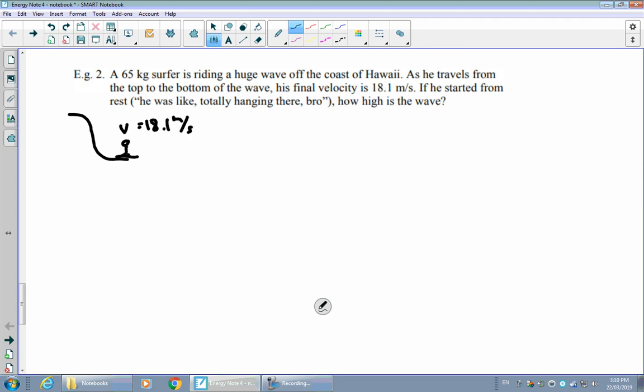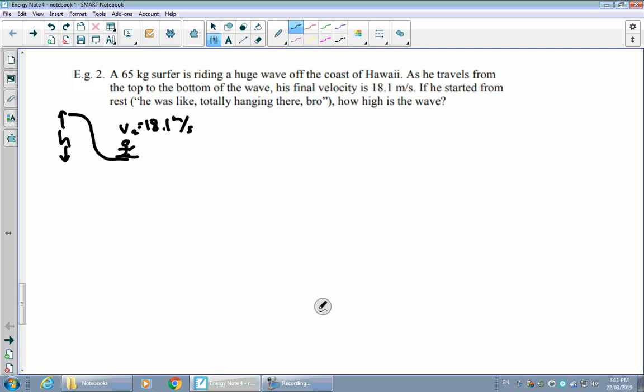And that's going to be a final velocity. That's really a v2. What we're trying to find is the full height of the wave. So from the very top down to the very bottom, we are trying to find the height of that wave. And I guess I should put some arms on my little surfer to make sure he stays balanced as well.